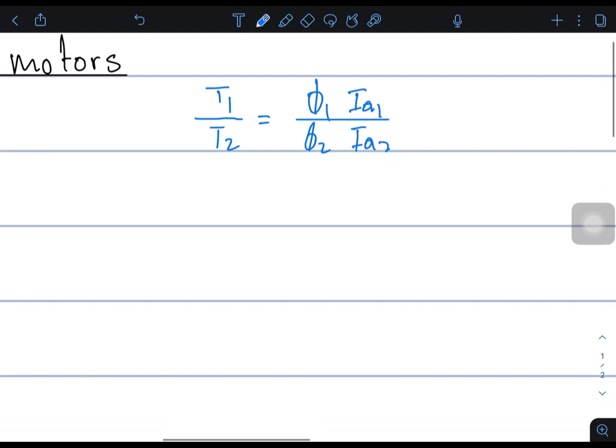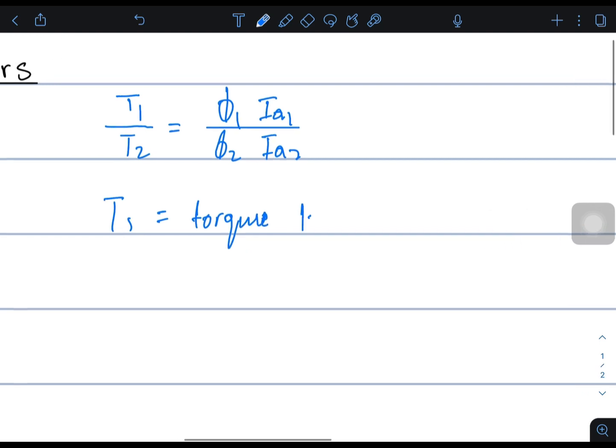Okay, so it explains itself, guys. T1 is the torque of the first condition.